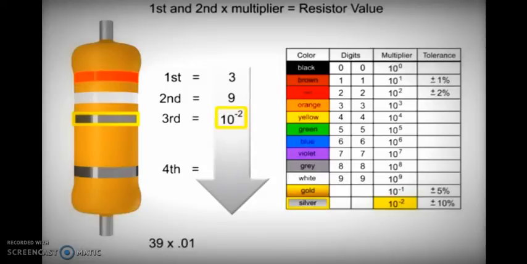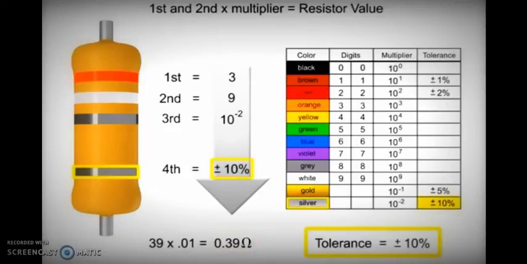And the 4th band is again silver, so the entire value of the resistance is 39 times 10 power minus 2, which is nothing but 0.39 ohms, with a tolerance of plus or minus 10% in this case, as silver is the tolerance band.